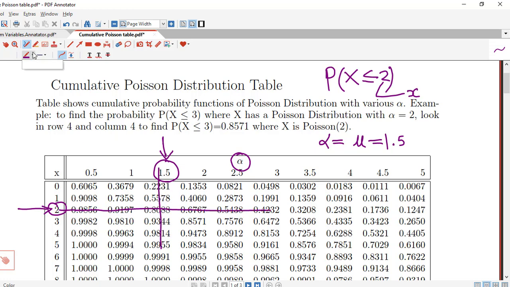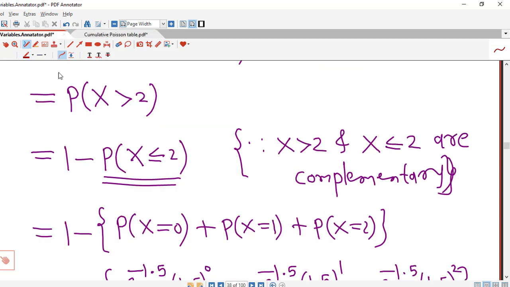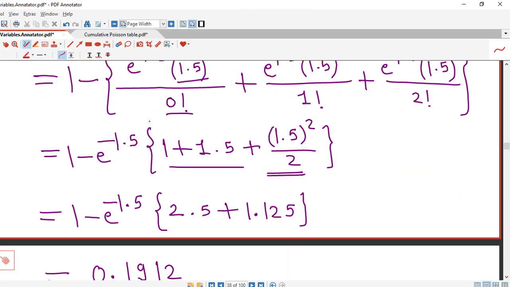We can see the value at the intersection of these two is 0.8088. So using the cumulative Poisson probability table, we are able to write down this probability directly, instead of going the long way.